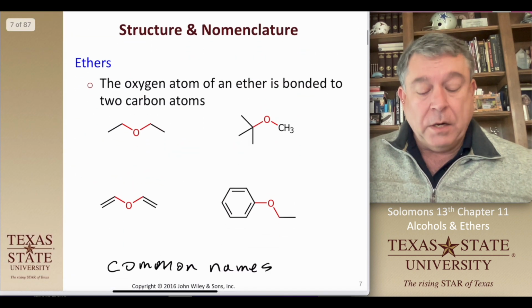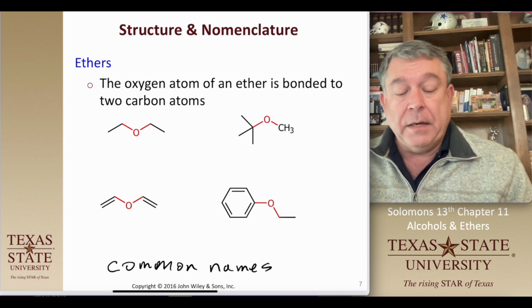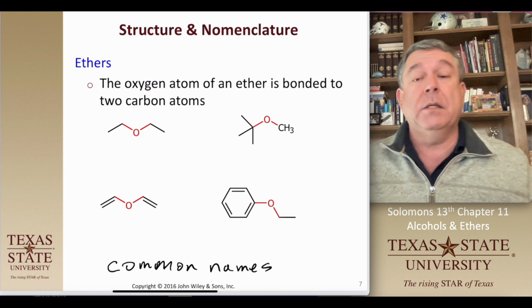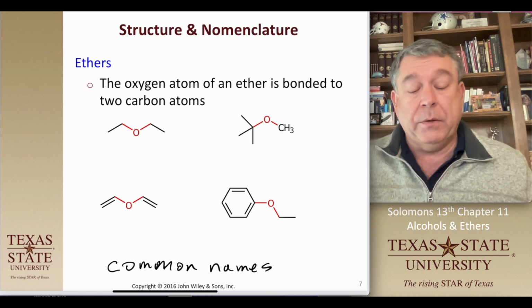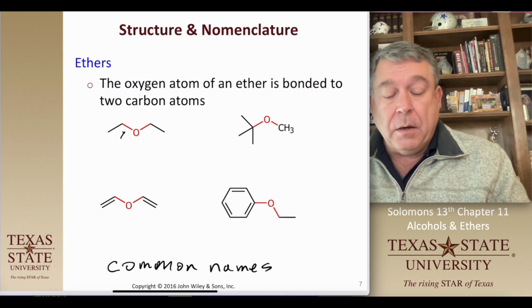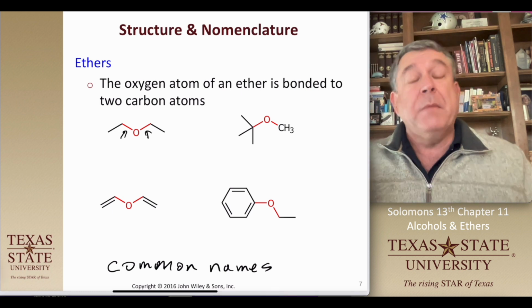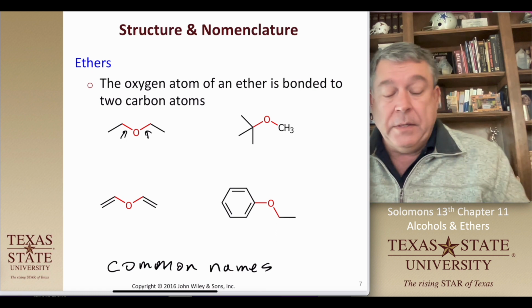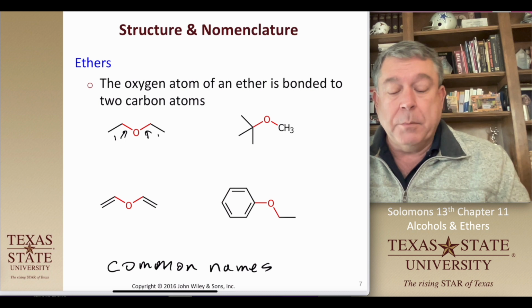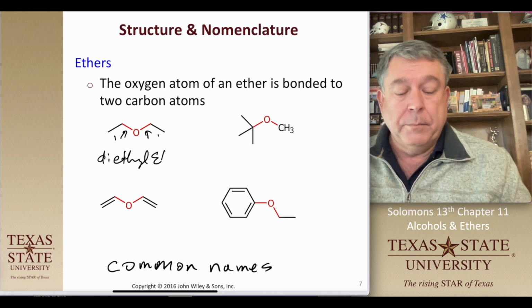Okay, so let's talk about some common names for ethers. So the ether functionality, obviously we get rid of that OH bond, and so we don't have hydrogen bonding anymore. We now have dipole-dipole interaction. But when we have the R-O-R group functionality here, we can name them for their common names by just what alkyl groups are attached to it. So in this case, we have an ethyl group and an ethyl group, so we can call this diethyl ether.